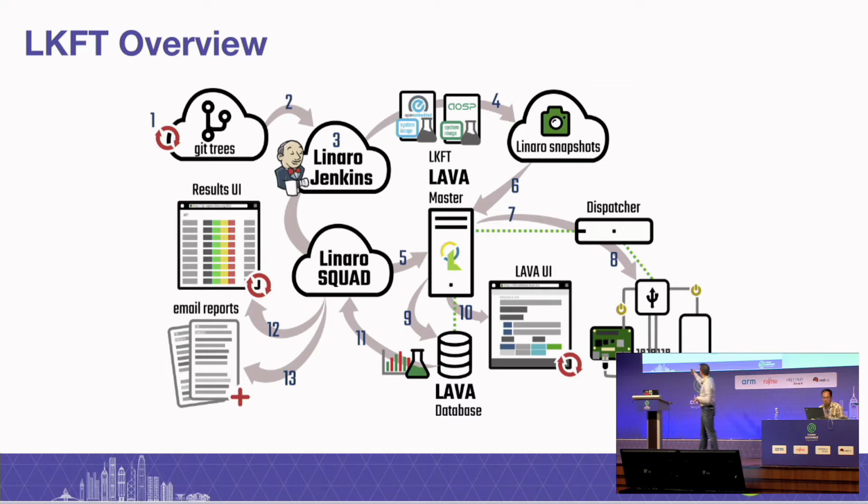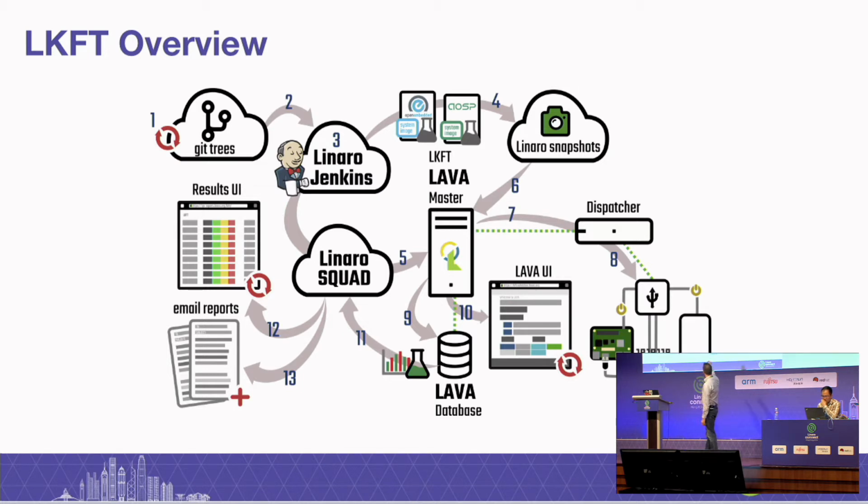So very briefly, we trigger on Git commits our Jenkins server, which is our continuous integration server. It takes those Git commits, and it uses system image definitions, and it creates file system images, puts them on our snapshot server, then dispatches through the QA server the job, telling the QA server that there's been a Git commit, we need to kick off a job. That tells the LAVA system, hey, we've got a job for you, here's the test definition.